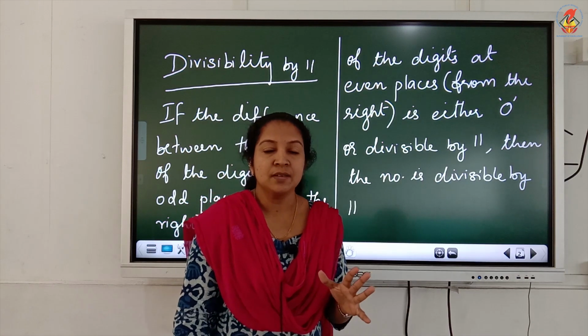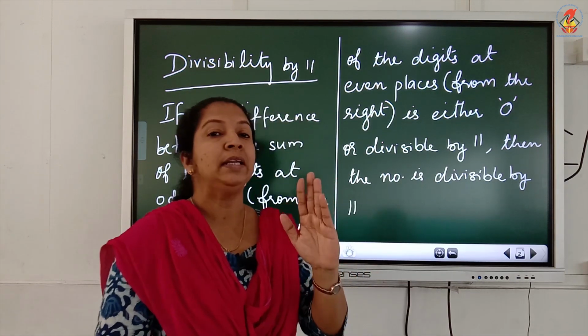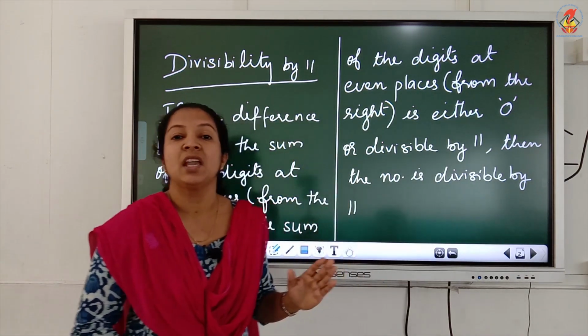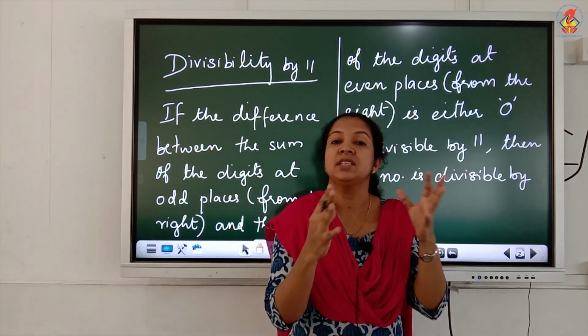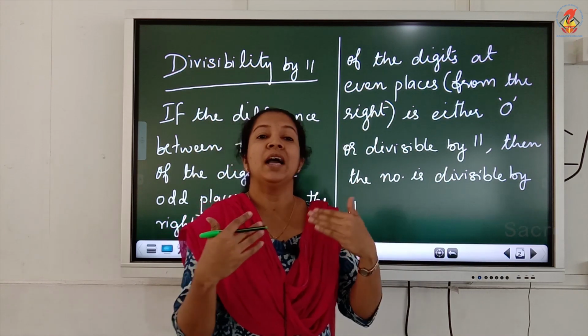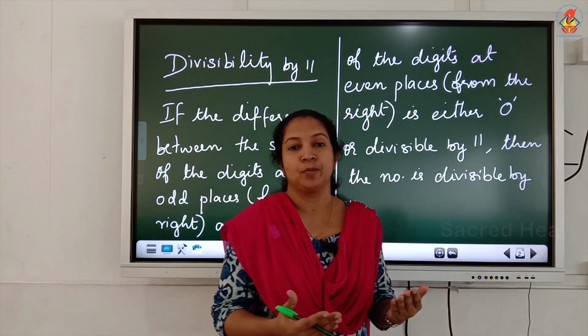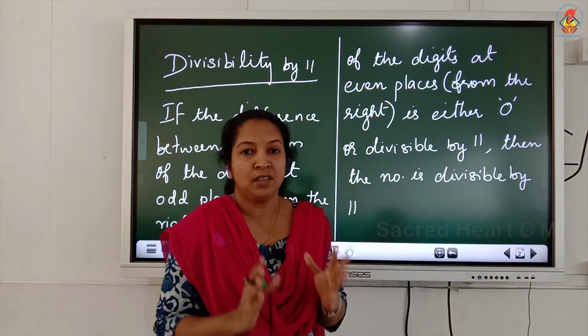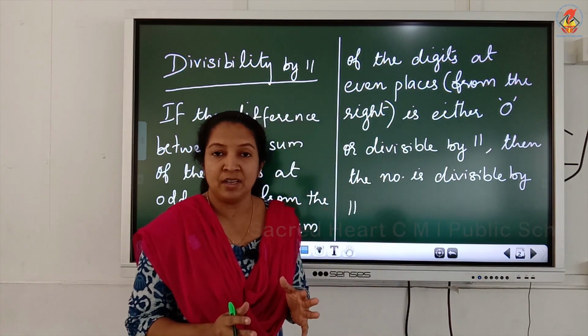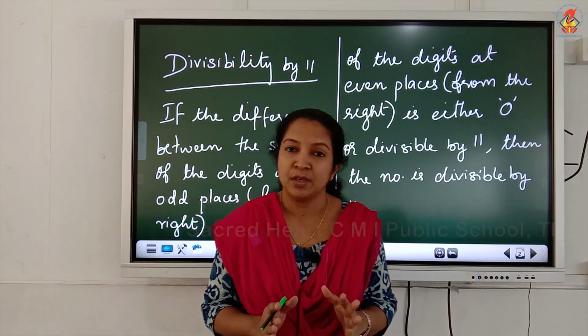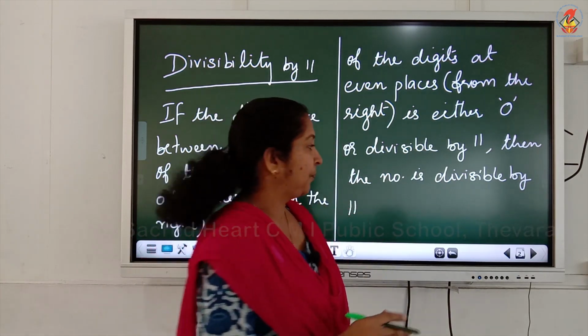You have to divide it as odd places and even places from the right, take the sum of these two separately, and take the difference between these two. If the difference is either 0 or divisible by 11, then we can say the number is divisible by 11.